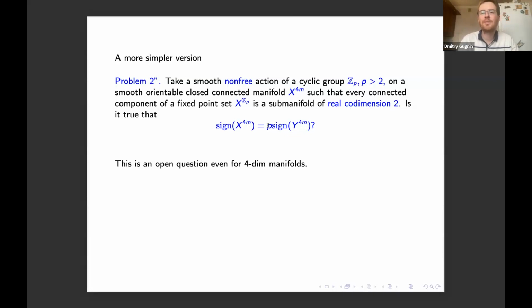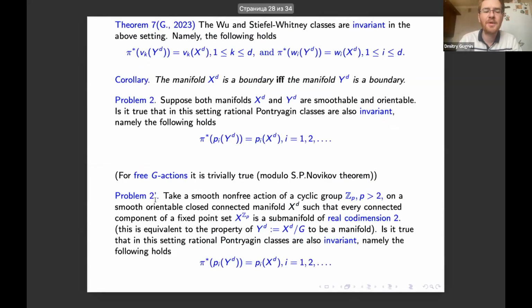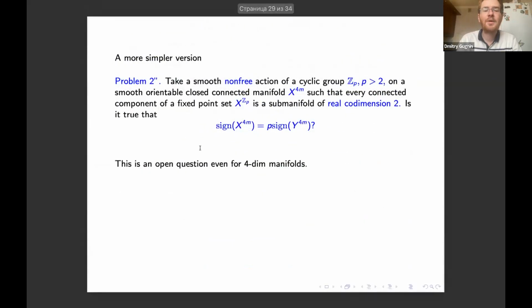From the Hirzebruch formula, it is to be so if the previous problem is true. So this question is still open, even for four-dimensional manifolds. Of course, the first time you have Pontryagin classes is dimension 4, and here we have only the signature, because the first class p1 is just 3 times the signature.